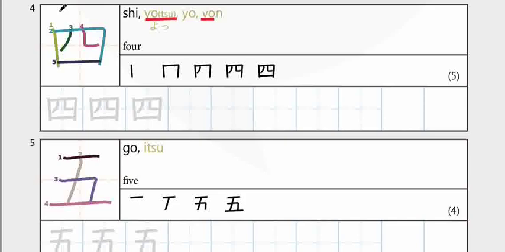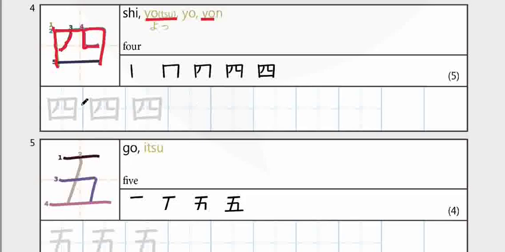The kanji number 4 is made up of 5 strokes. So, number 1. Okay. Number 2. Here you go, and curve downwards. Number 3 is a comma-like structure, and number 4 is to make a square. Okay.